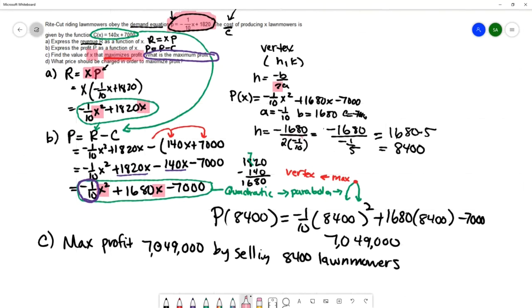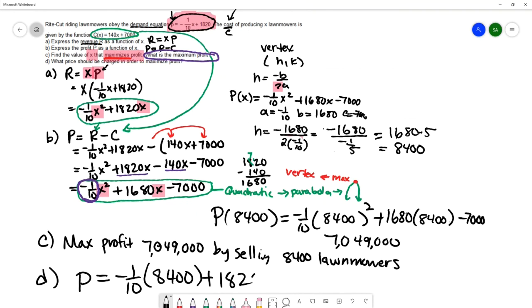So part D can be answered by substituting 8,400 into the demand equation. That's -1/10 times 8,400 plus 1,820.